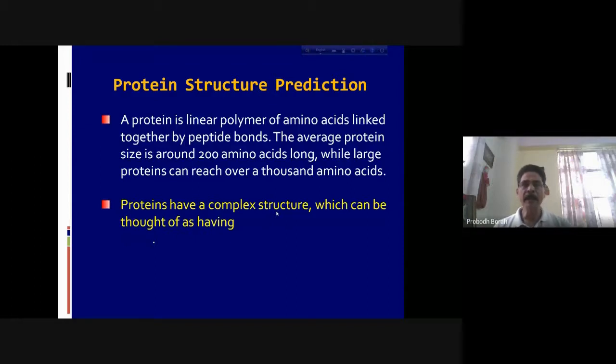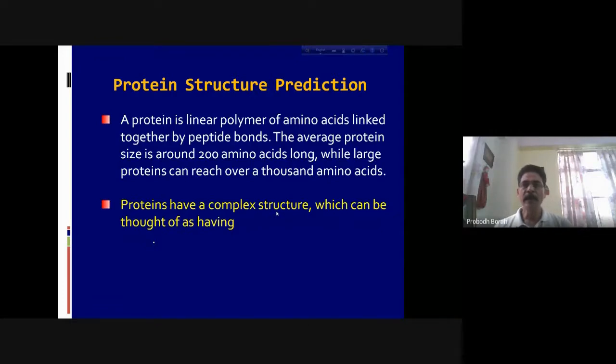To determine the three-dimensional structure of proteins, we have basically 2 different methods available. One is NMR spectroscopy, and the other is X-ray crystallography.